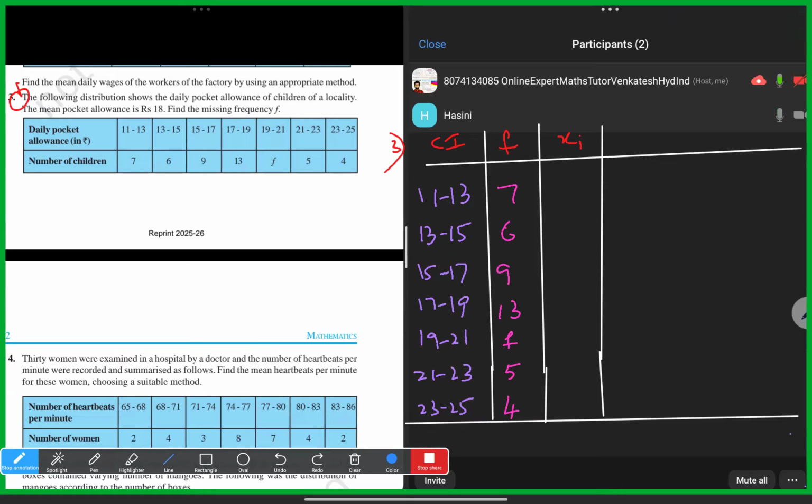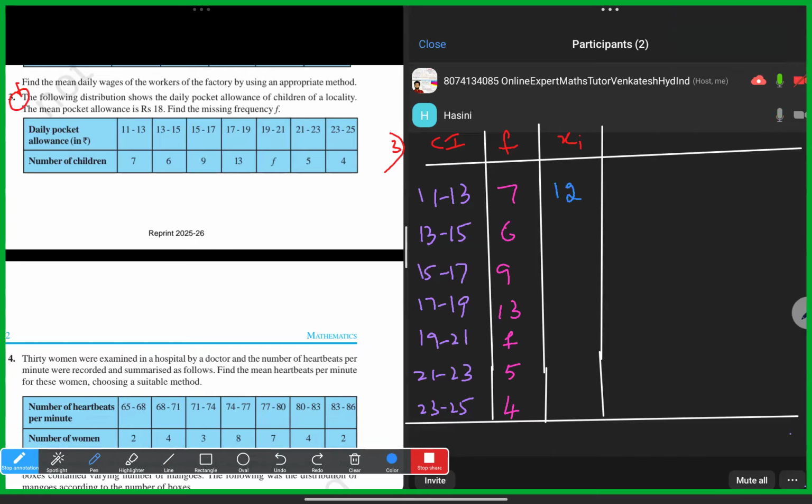Now xi. The first xi value is 11 plus 13 by 2, which becomes 12.